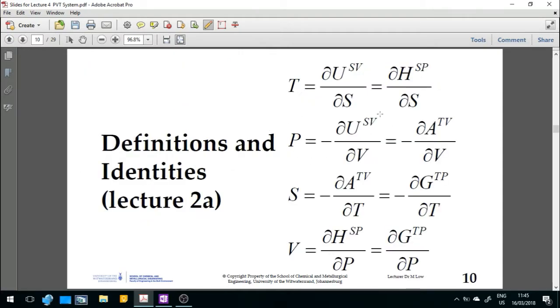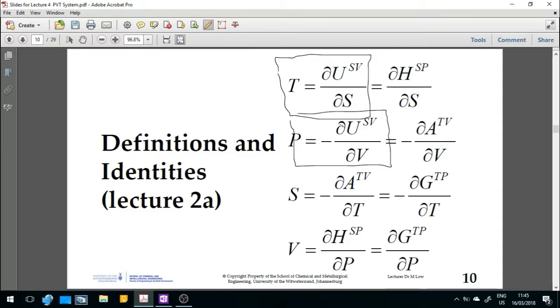And then you do have these definitions and identities, where T equals dU/dS at constant V is the thermodynamic definition of temperature, and P equals negative dU/dV at constant S is the thermodynamic definition of pressure.